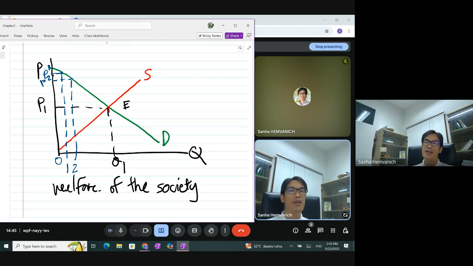Imagine if you can quantify your happiness, right? You eat a bowl of noodles, and let's say the happiness is 10 units, and then you eat the second bowl. Well, it's still good, but might not give you as much additional happiness as the first one. So it could be 9. The third one could be, sorry, 8. Keep reducing.